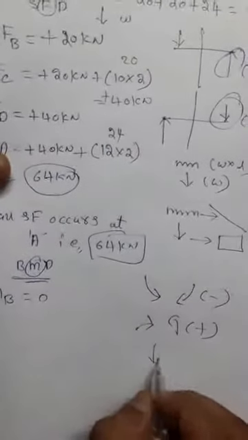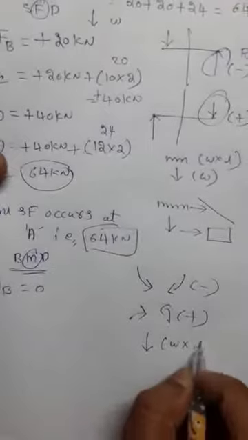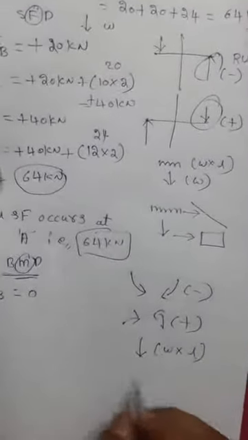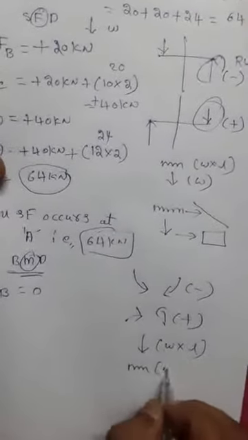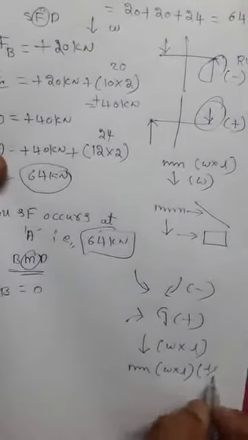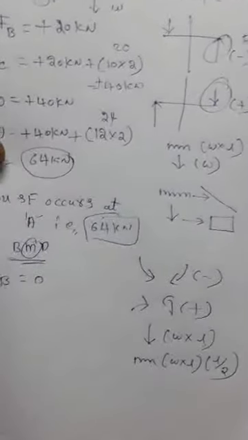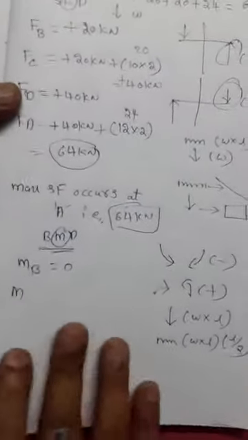The point load formula for bending moment is force into distance, W into L. For UDL, WL into L by 2 is the formula. So apply these formulas and solve this problem.